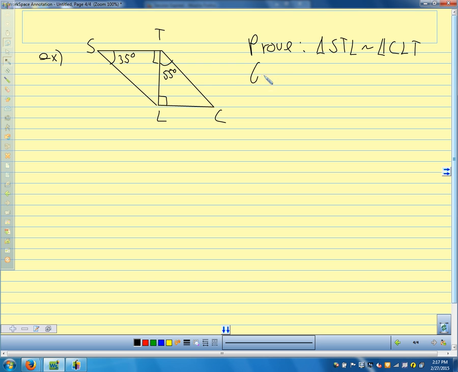And we're given that the measure of angle S is 35 degrees, the measure of angle CTL is 55 degrees, and angle STL and angle CLT are right angles.